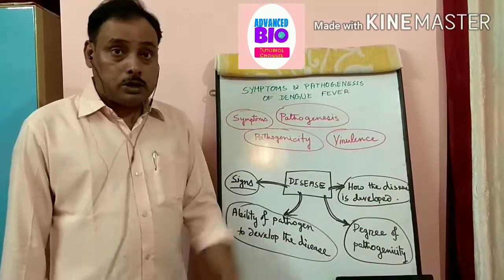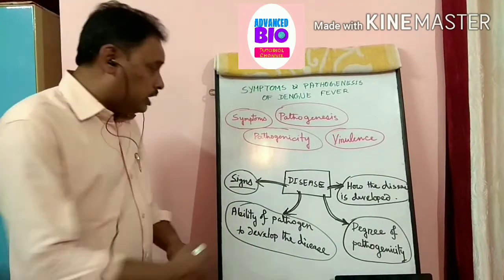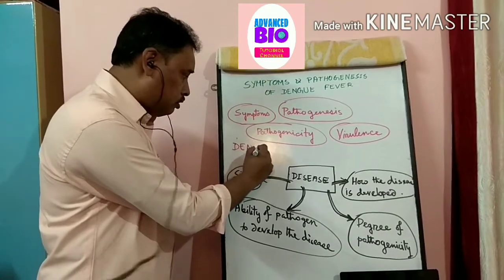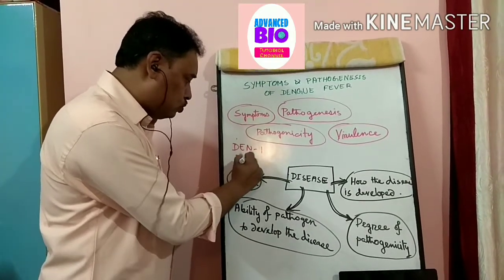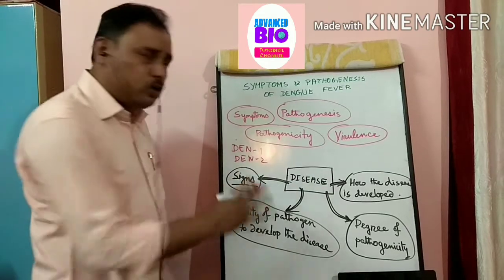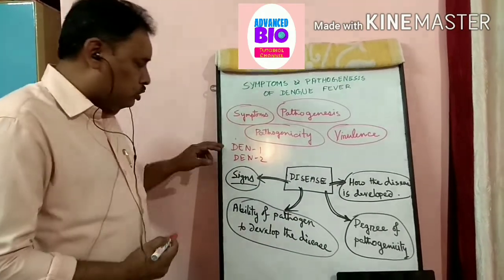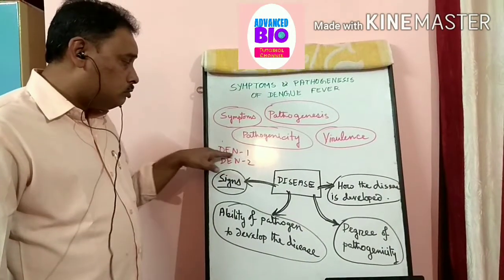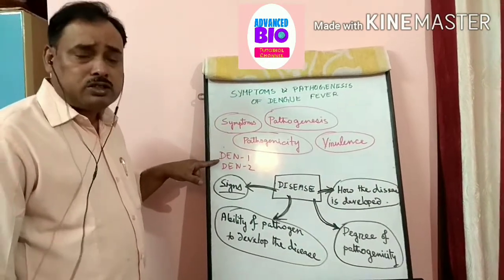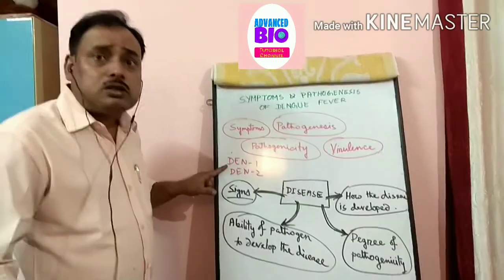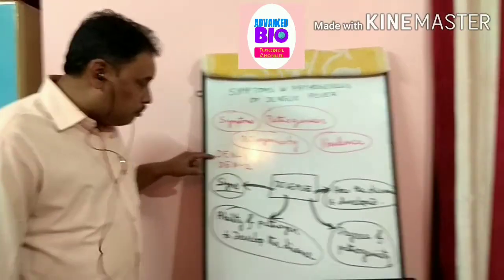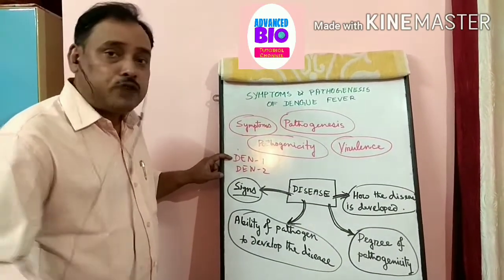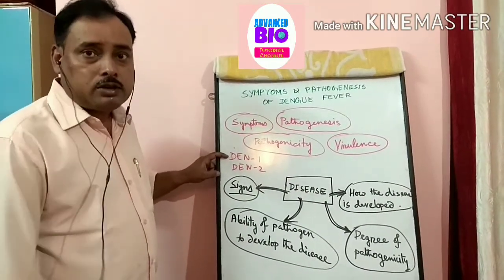Now, what is virulence? Suppose dengue, den 1, den 2, den 3, den 4, etc. I consider only two strains. Suppose den 1, this strain is much fatal, because by the infection of this virus, there is more infection rate, more fatality rate, more mortality rate.